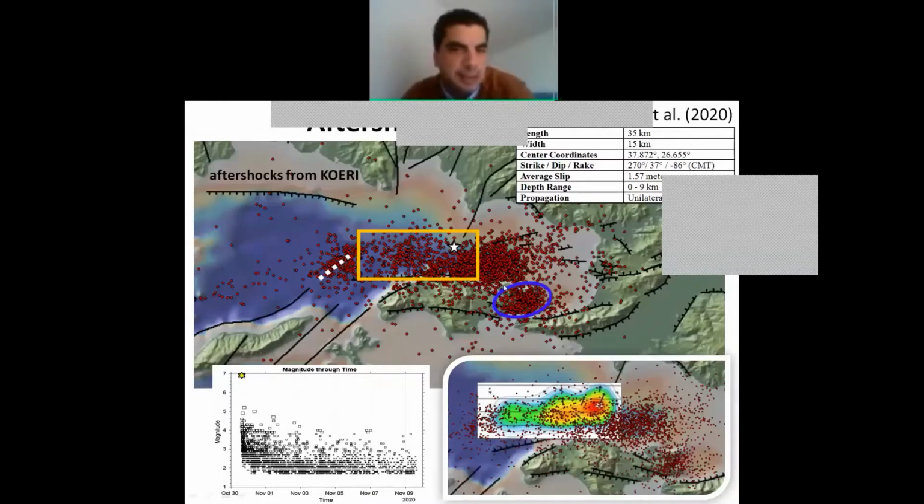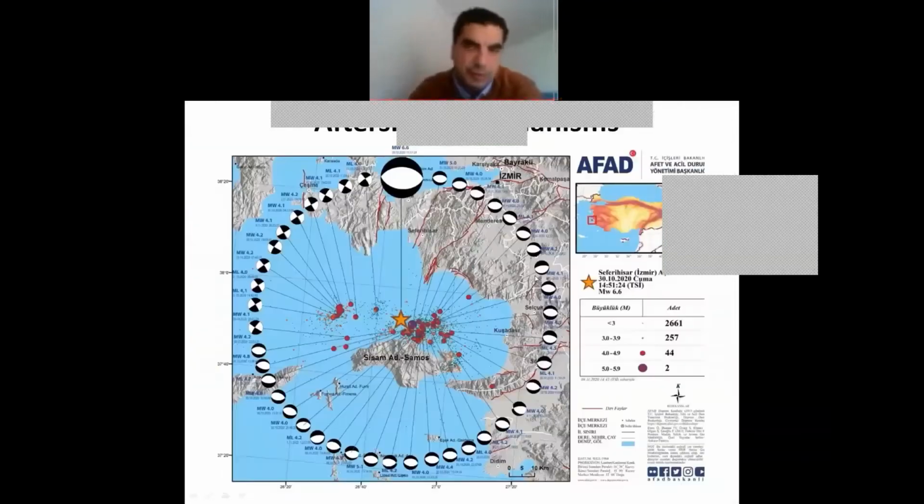And there's another cluster in the southeast of the island where we see different faults getting activated. If we look at the AFAT solutions for the cluster in the west, it seems to clearly show the strike slip component. So a slightly different fault is activated in that western edge.